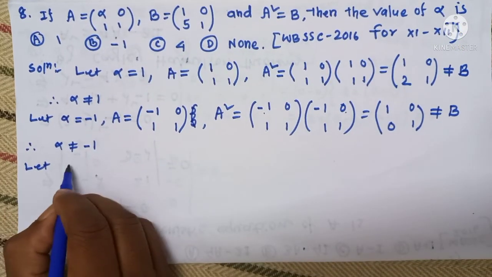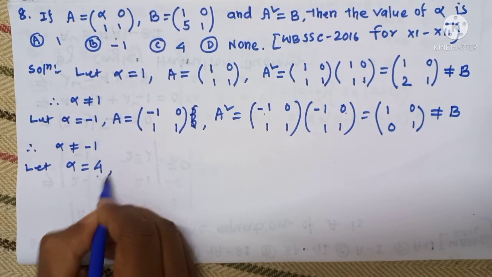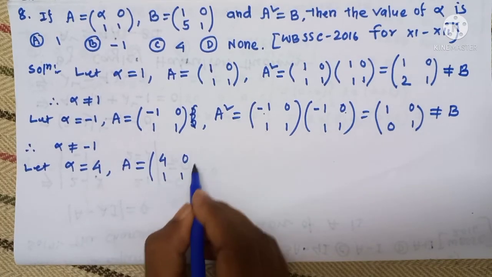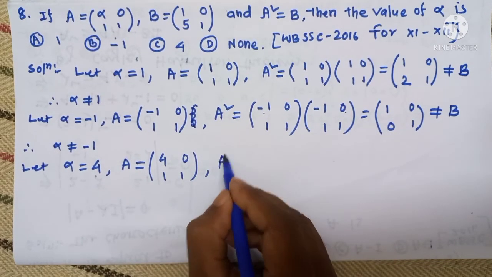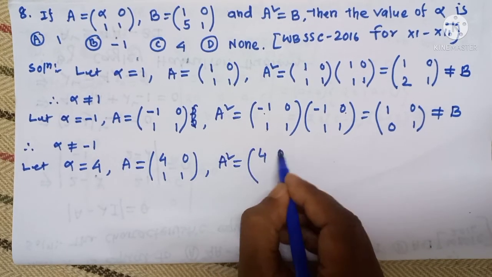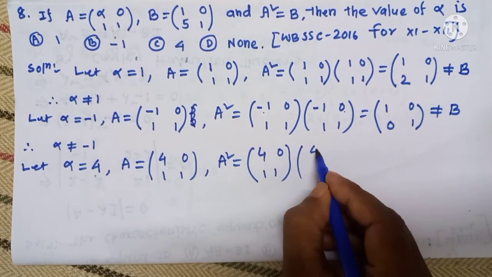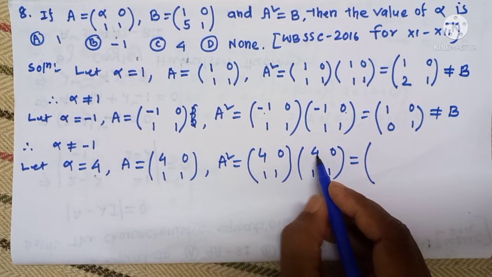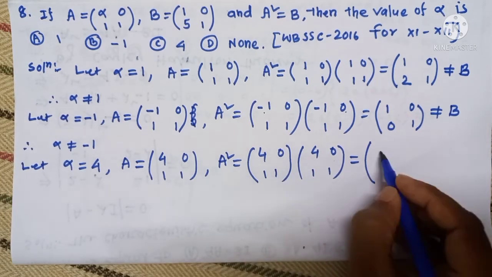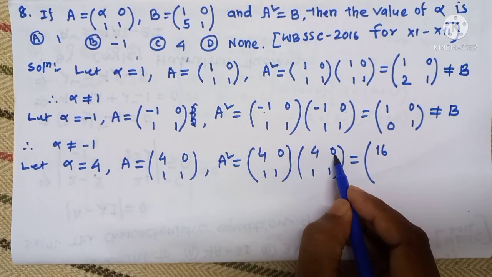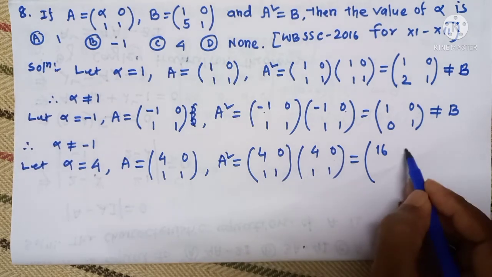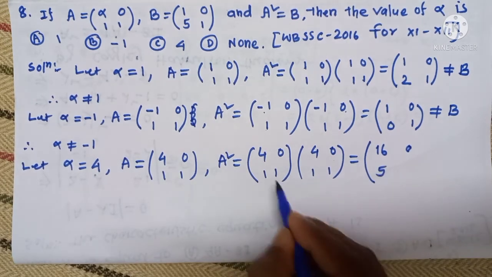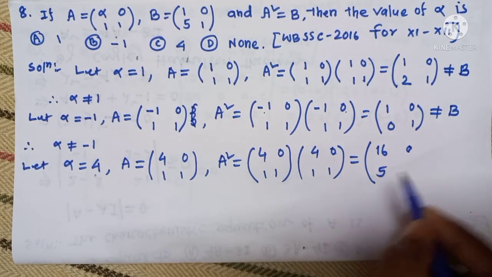Let alpha equal to 4, then A equals 4, 0, 1, 1 and A square equals 4, 0, 1, 1 into 4, 0, 1, 1 equals 16 plus 0 into 1, 16; 4 into 0 plus 0 into 1, this is 0; 1 into 4 plus 1 into 1, 5; 1 into 0 plus 1 into 1, 1.